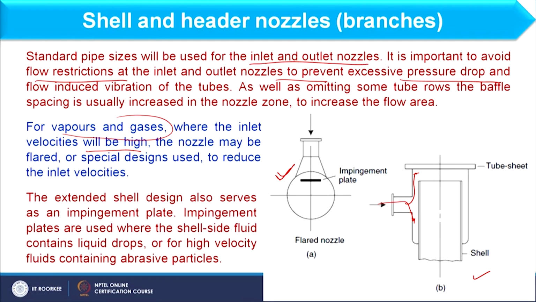And in some cases we consider an extended shell design as shown over here, which also serves as the impingement plate. Impingement plates are used where shell side fluid contains liquid drops, or for high velocity fluid containing abrasive particles. So, in that way we select the nozzle in shells, right.